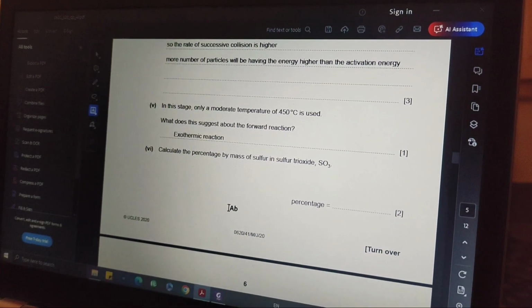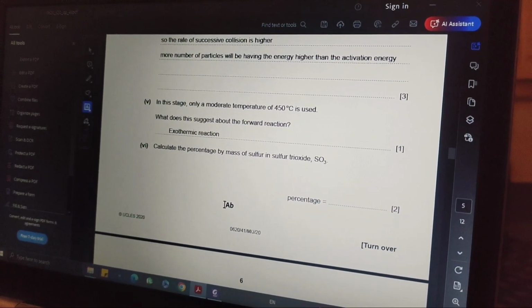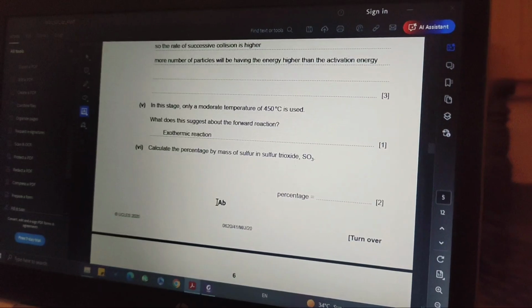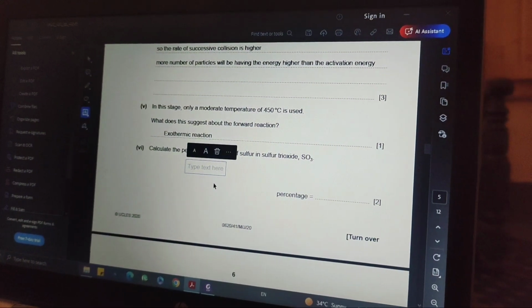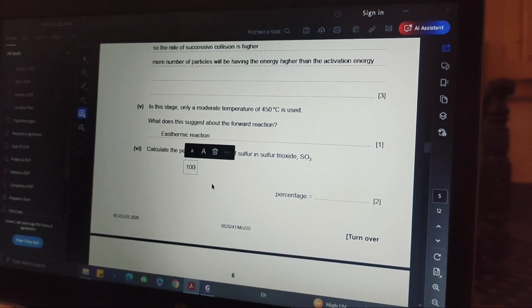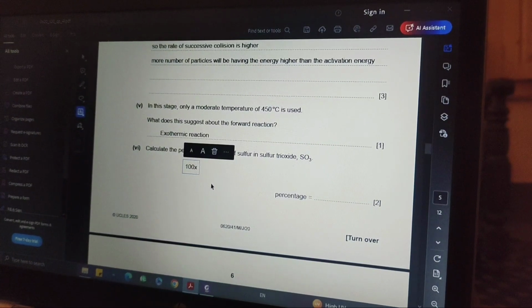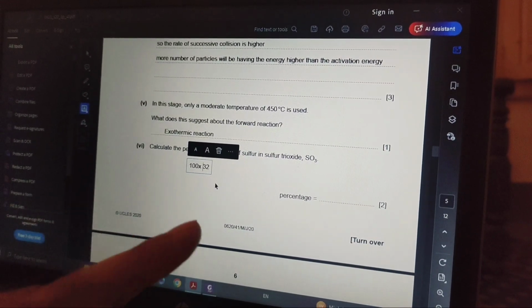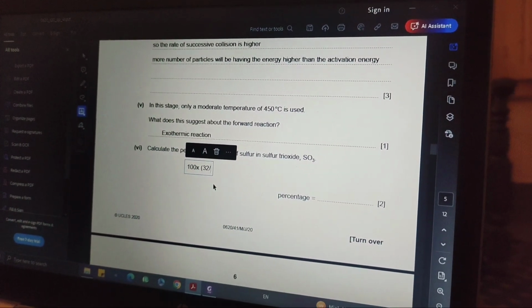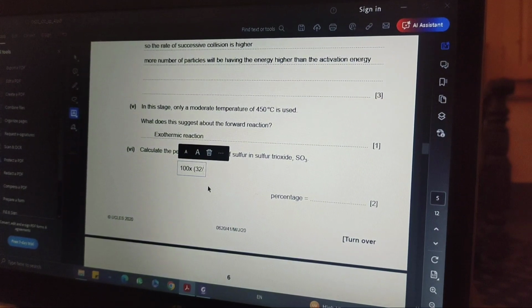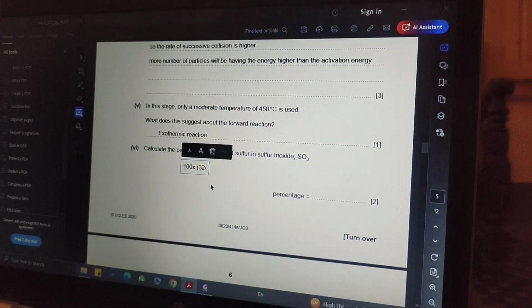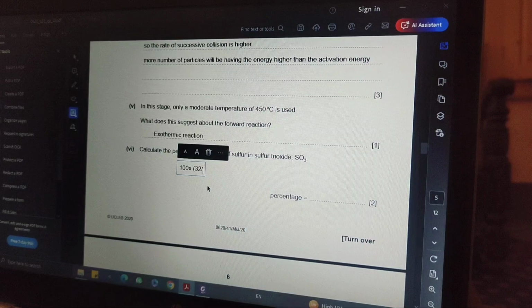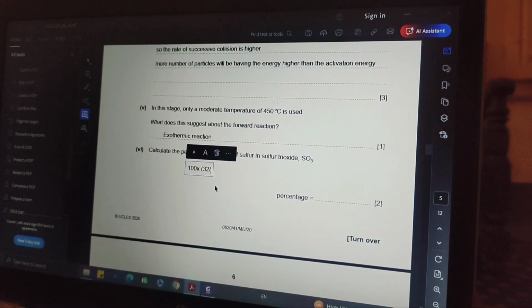Calculate the percentage by mass of sulfur in sulfur trioxide. So we already know that percentage is 100 multiplied by the mass of sulfur, sulfur is 32, divided by the mass of sulfur trioxide, that is 16 times 3, 48, and then 32, that makes 80.